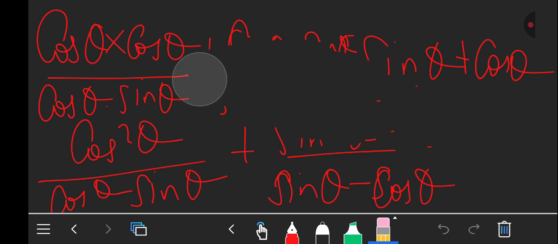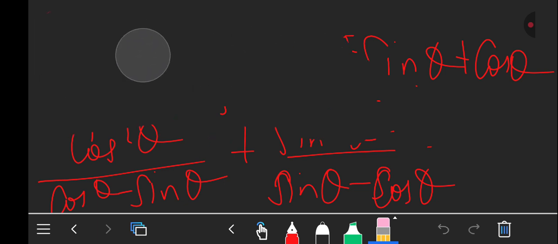Now we are going to sine theta plus cos theta. What we can do here is some algebra by interchanging this. We can factor out a negative, so there it will be negative sine theta, and there it will be positive. We haven't changed anything, we have just done the factorization.